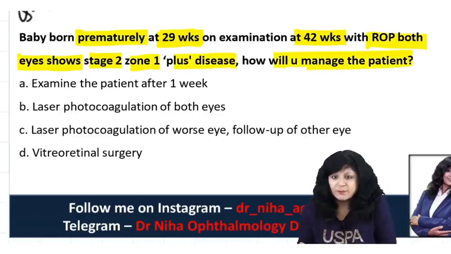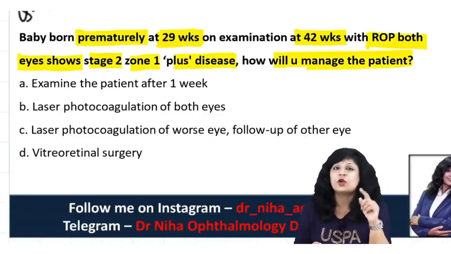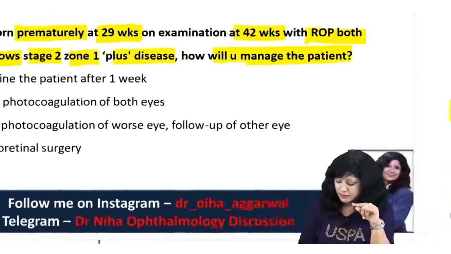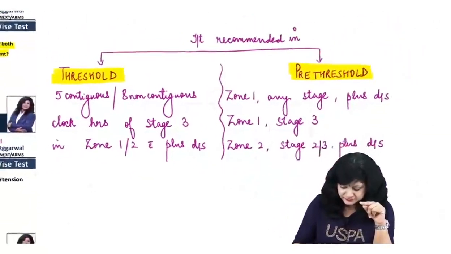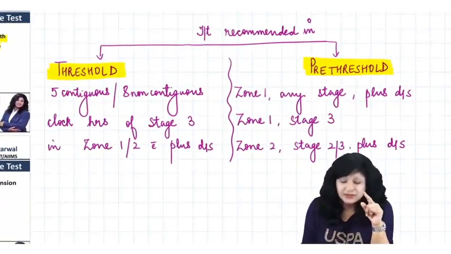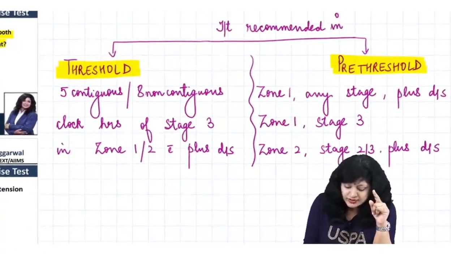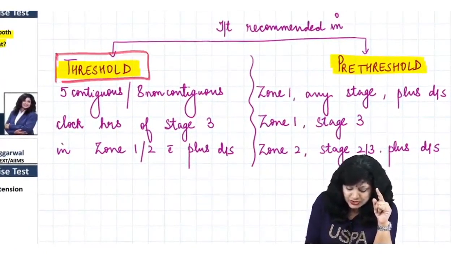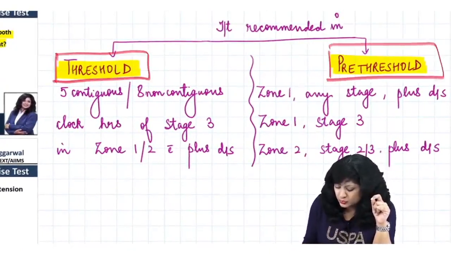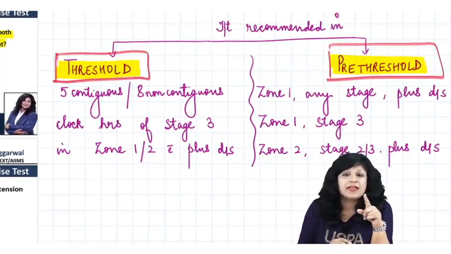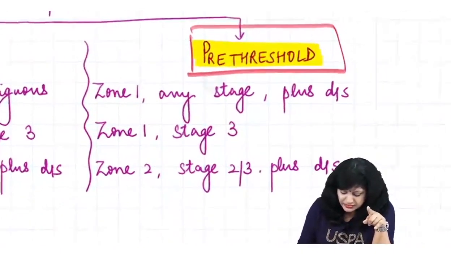How will you manage this? So again, I had a lot of queries on this question, but if you remember what I told you in the classes, we are recommending the treatment for two categories. One is your threshold patients and one is your pre-threshold patients, right? So here they are not telling you about the threshold patient, they are concentrating on the pre-threshold patient.